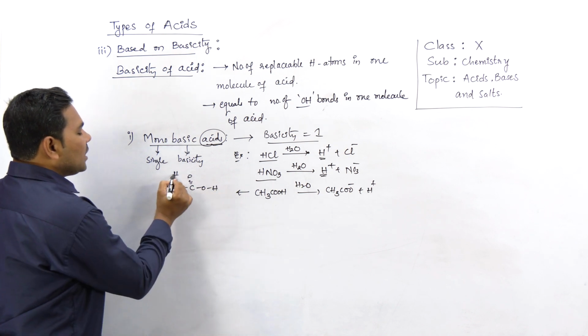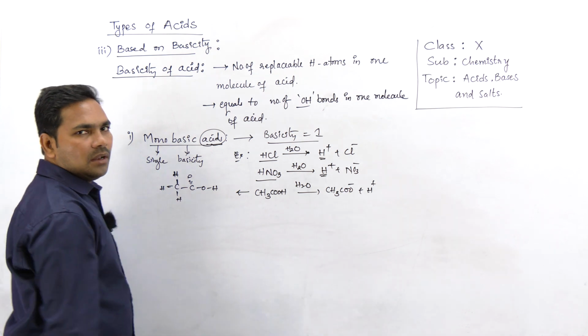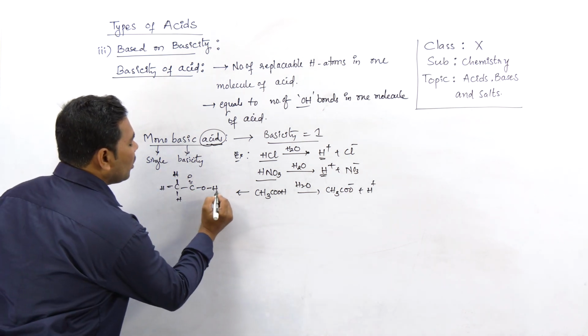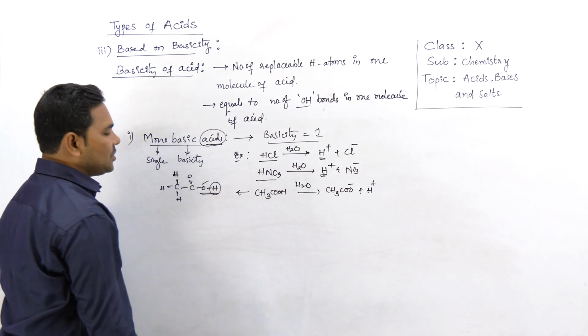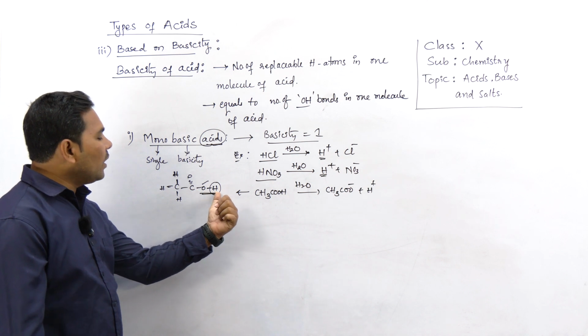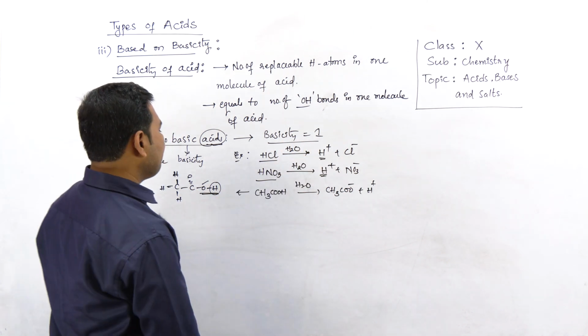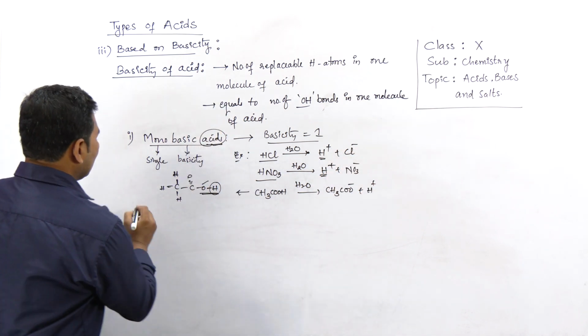The hydrogen atoms which are bonded to carbon directly are not replaceable, but the hydrogen that is bonded to oxygen is replaceable. So you can see OH. Since it has one OH bond, one replaceable hydrogen, its basicity is considered 1. Okay, these are the examples of monobasic acids.